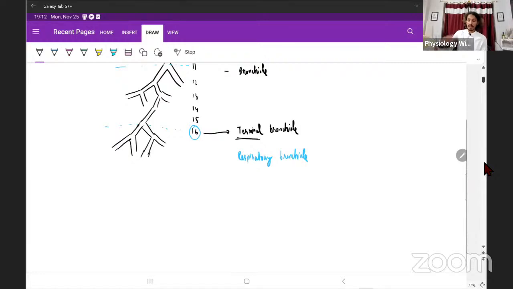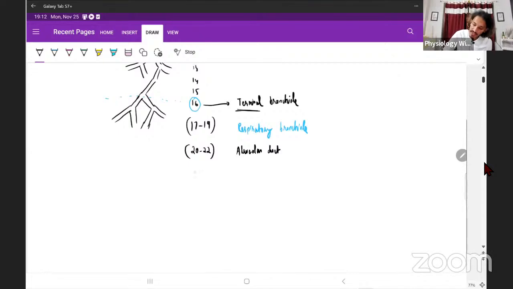That again divides further to 17 to 19 divisions. This respiratory bronchiole after 19 divisions, from 20 to 22, becomes what we call your alveolar duct.